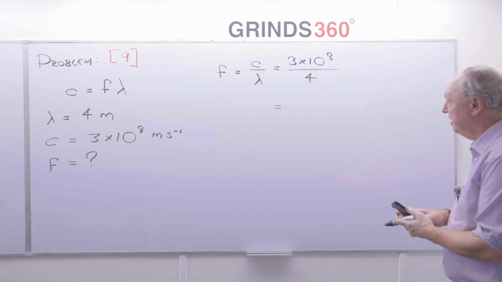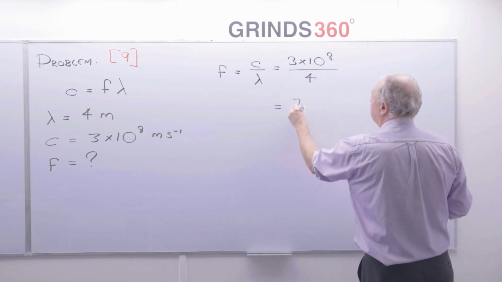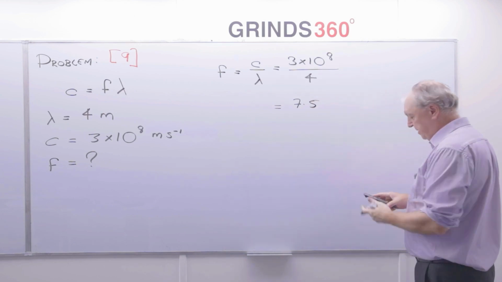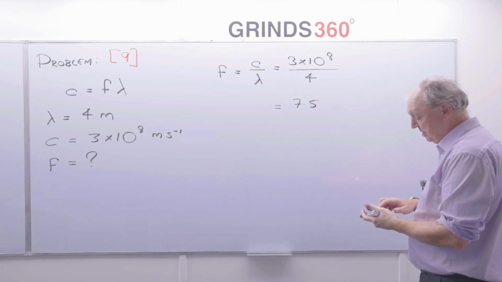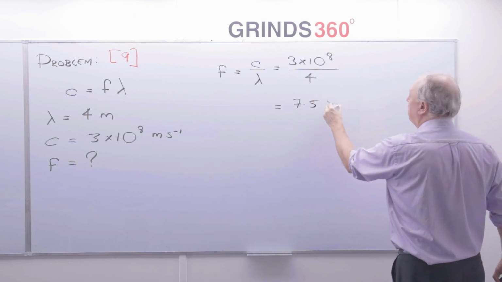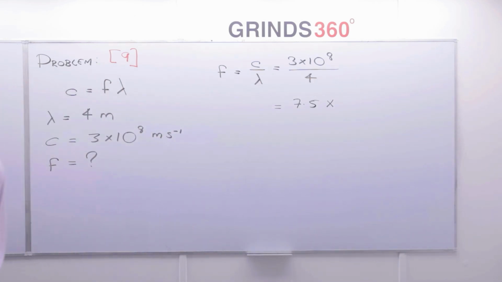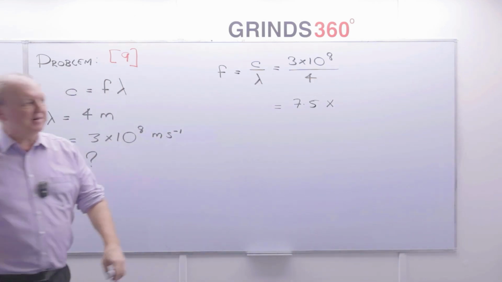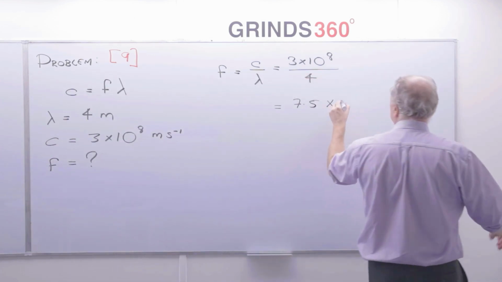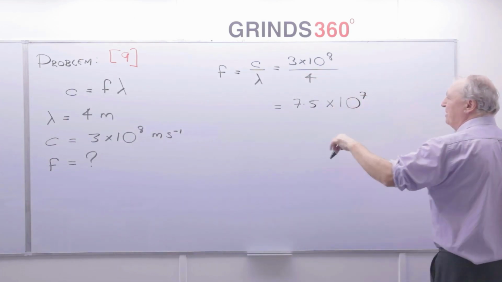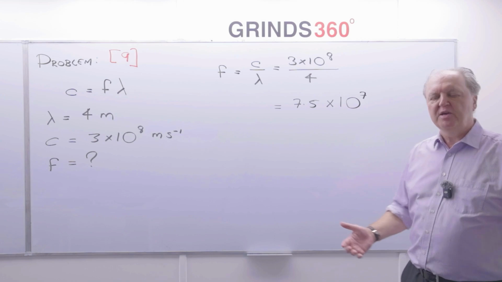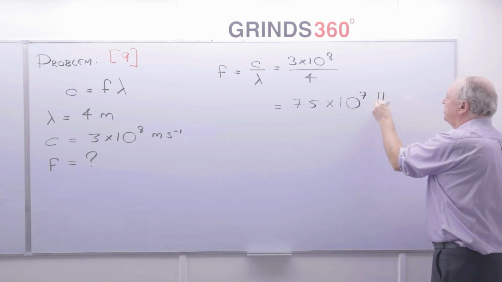In scientific notation, I'm going to get 7.5 by 10 to the power of 7. And make sure you write down the units for frequency. The units for frequency are hertz.